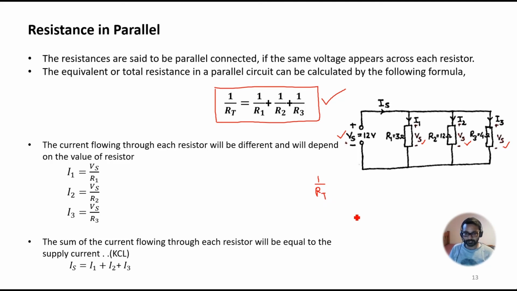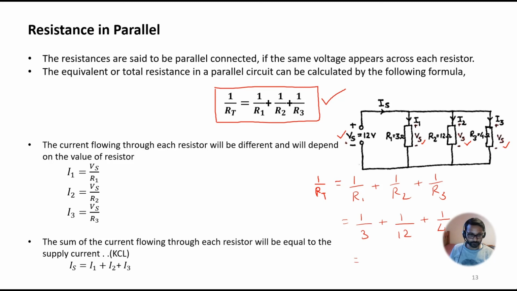So 1 over RT, let me use the stylus. 1 over RT will be equal to 1 over R1 plus 1 over R2 plus 1 over R3. The value of R1 is 3 ohms, plus the value of R2 is 12 ohms, plus the value of R3 is 4 ohms.